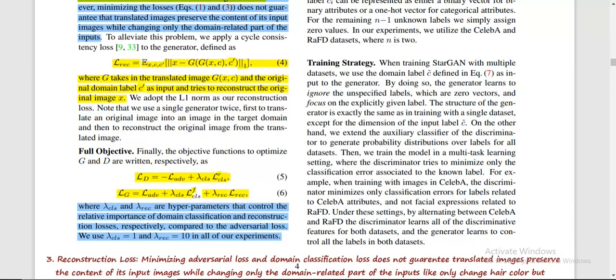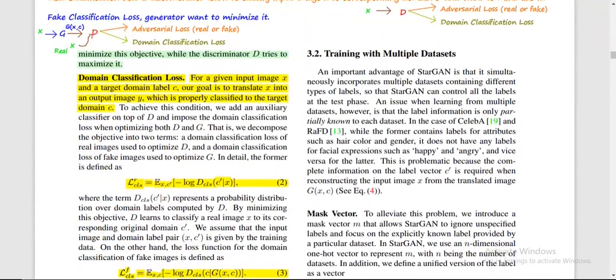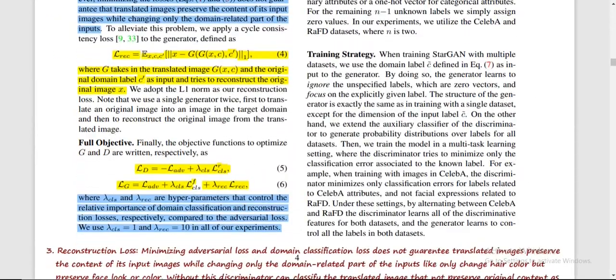And the main thing is, for the adversarial loss they use the WGAN GP loss, right? That is one difference, because in WGAN GP the training is much more stable and converges better, so it produces high quality output. That is why they use WGAN GP in the adversarial loss.